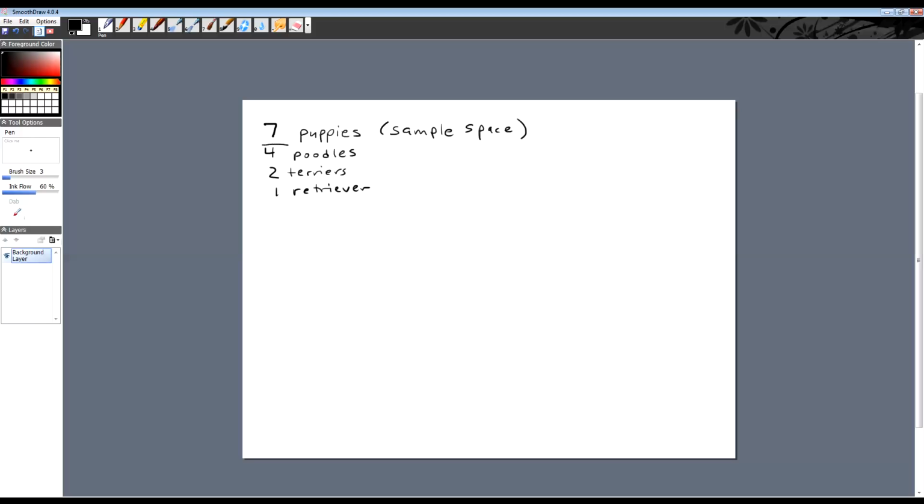So the probability of selecting a poodle is 4/7. The probability that both would select a poodle, you would just multiply those probabilities together. So the probability that both would select a poodle is 16/49.